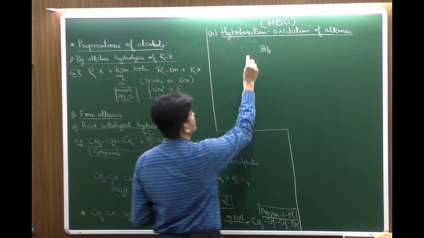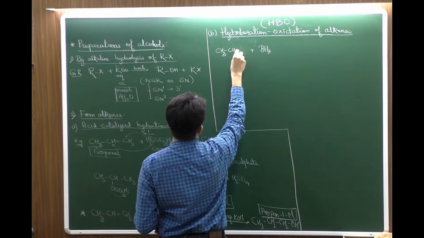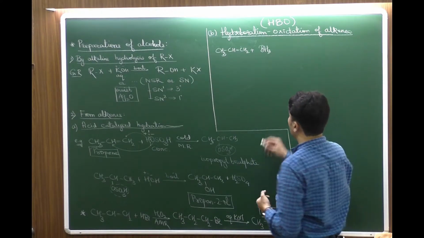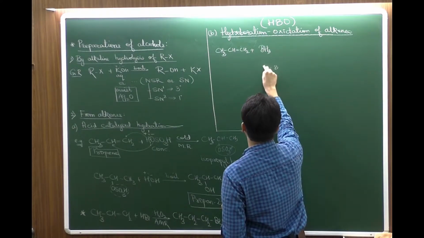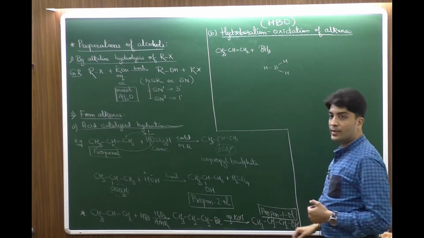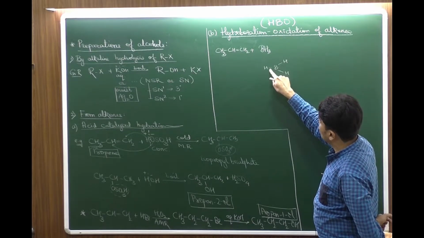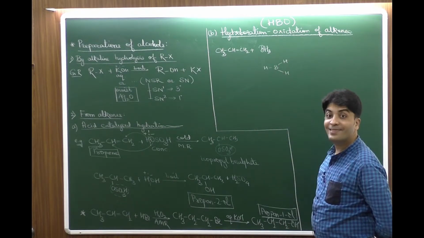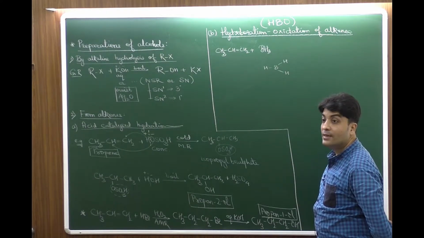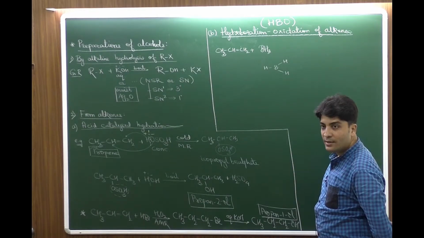So let's understand the chemistry of this reaction. I have the same alkene taken over here, propene. In BH3, boron is bonded to 3 hydrogens in a planar geometry, sp2 hybridization. Also, if you look at the boron, there are a total of 3 bonds, which means 6 electrons in the valence shell. 6 electrons meaning it is electron deficient. Deficient meaning it will act as a source of electrophile.